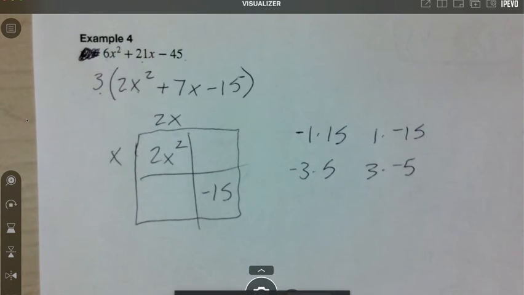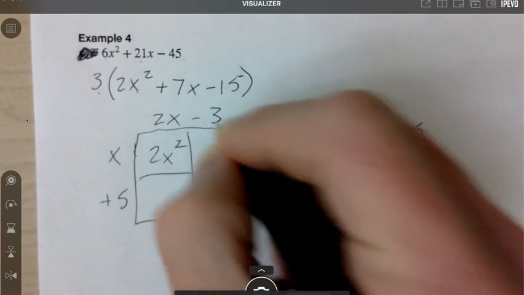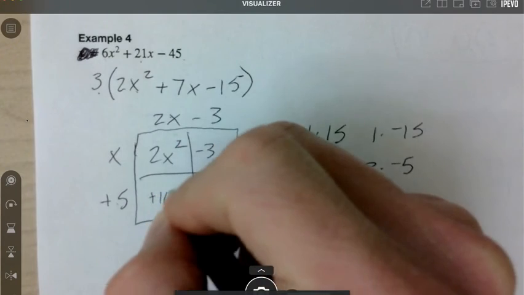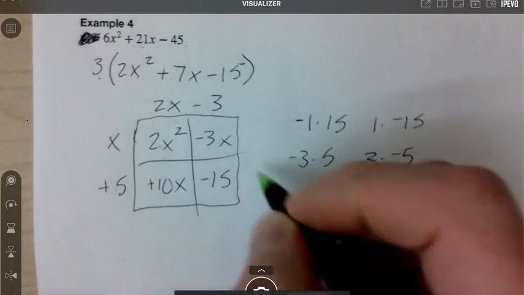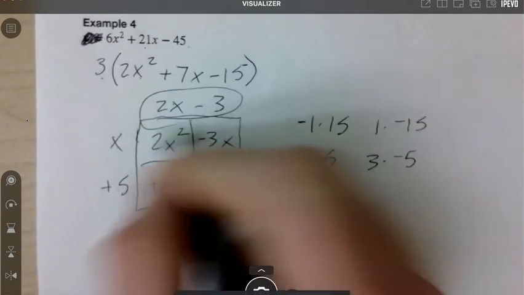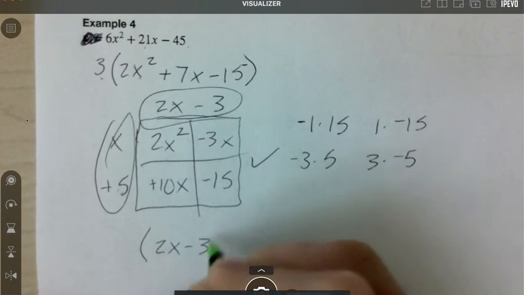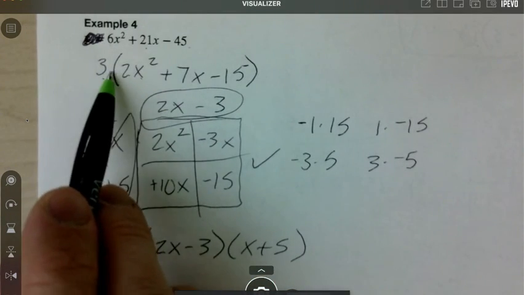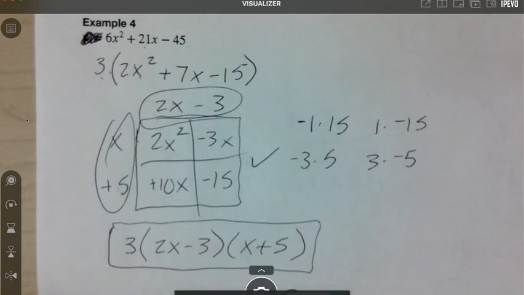And on that previous one, we had decided that if I put plus 5 minus 3, it ends up working. All right. So this checks out, which means these are my factors. And everything's going to look the same, except, remember I had taken that 3 out at the beginning. I just got to make sure that shows up at the end. And there you have it.